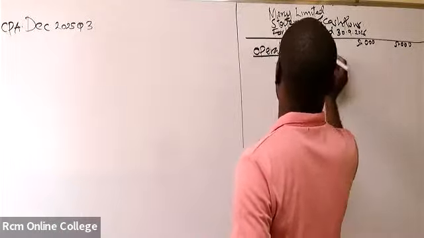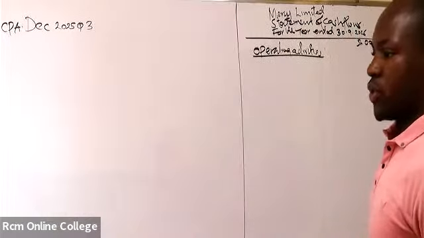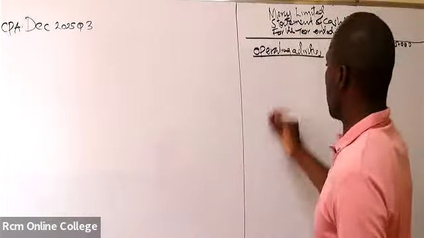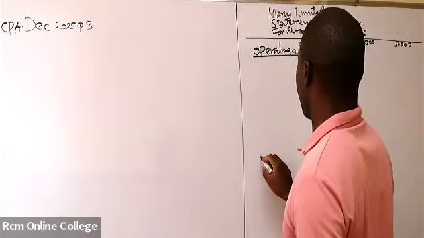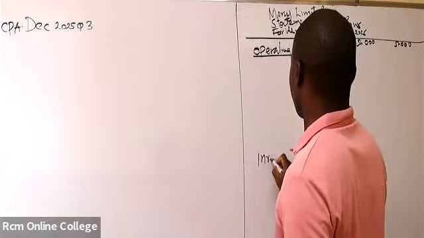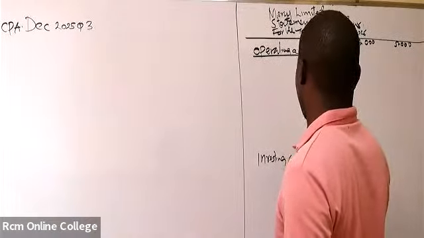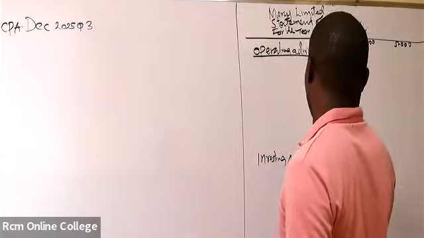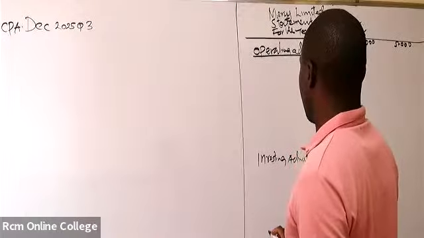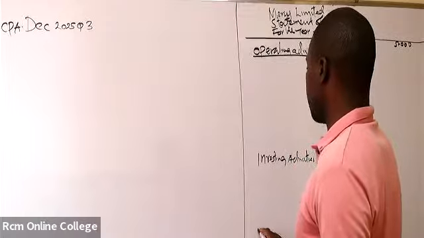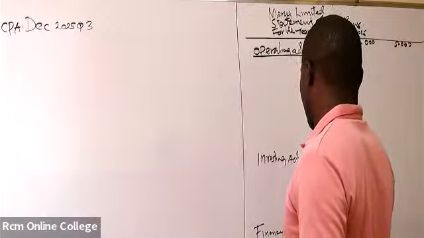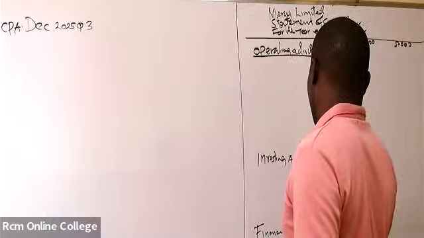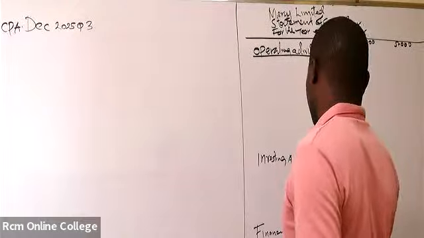Now, under operating activities, we know what to start with. We'll do all those adjustments and, of course, get to what we call investing activities. Then, of course, we finalize with what we call financing activities.